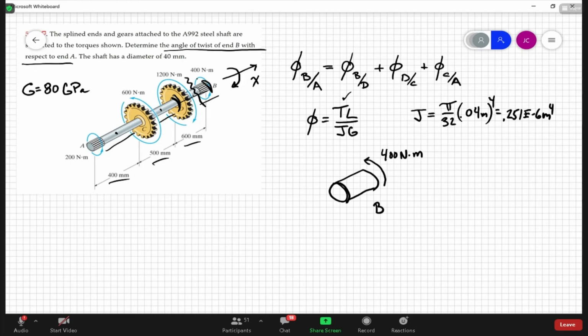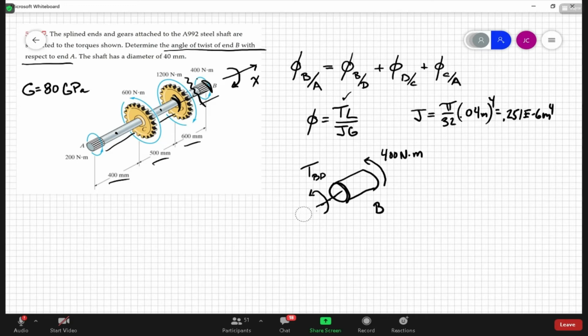If we use a right-handed rule, you don't have to do this, but just like when we did the axial problems, we always wanted to put the internal force in a normal direction. So for torsion, that's going to be a torque vector like this, or if you were to write it as the little arrow torque, it's going to be this type of torque. So this is the internal torque in section BD. So let me write that.